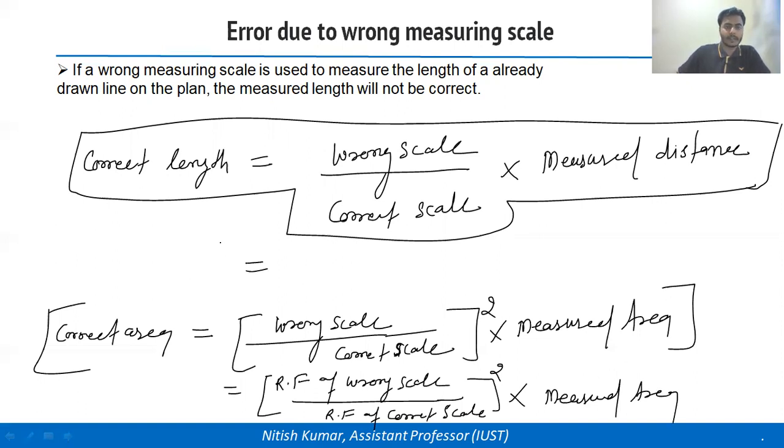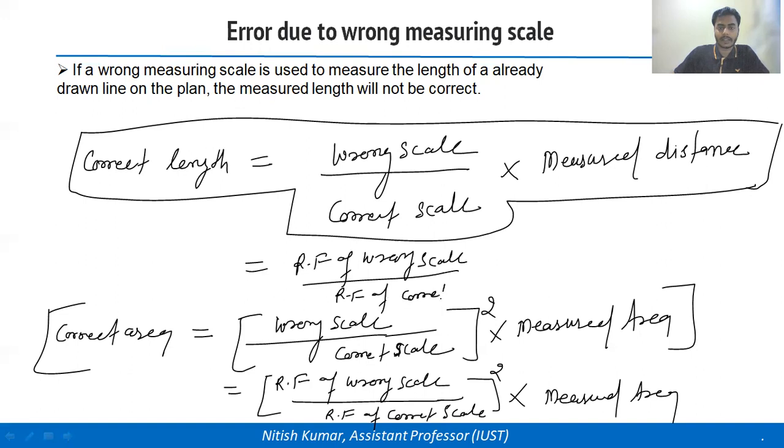Here also you can write for the correct length: RF of wrong scale divided by RF of correct scale into measured length or distance.